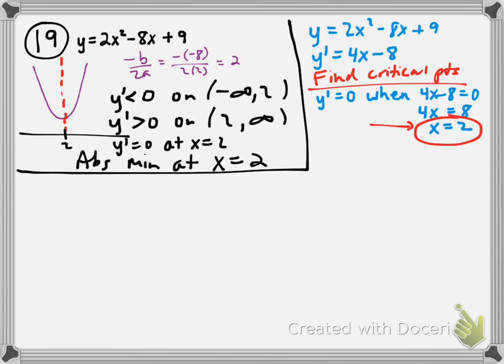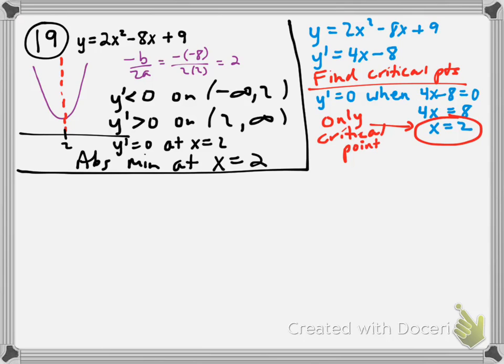Okay, that's our only critical point. Well, if it's our only critical point, then it's the only place where we might possibly have a max or a min. And keep in mind, though, that just because we have a critical point doesn't mean we have a max or a min. All it means is that we might have a max or a min.